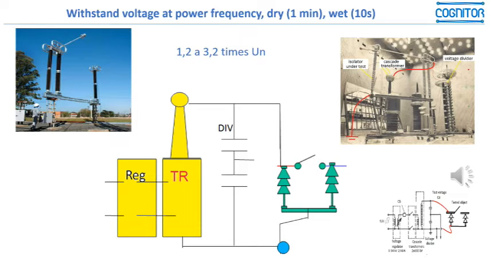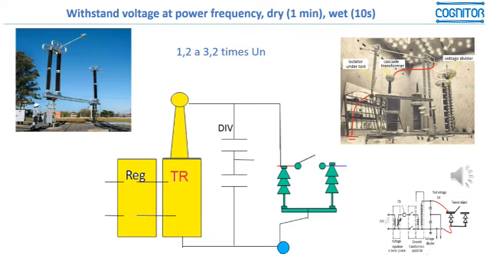On the right side, I show one equipment mounted for test in one important high voltage testing laboratory. You see at the bottom, more or less in the middle, the red line connecting the cascade transformer to the terminal of the isolator.